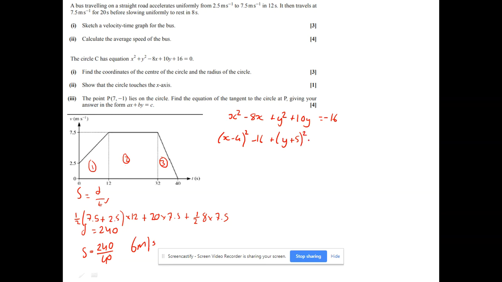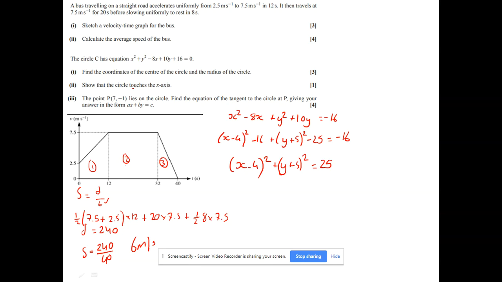That ends up creating an extra 25, so take away 25 equals minus 16. Add my 16 to both sides, so we end up with x minus 4 all squared plus y plus 5 all squared equals 25.